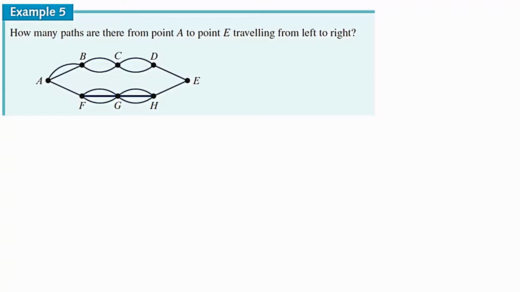Two rows, like 2 times 3. Yep, 6. And 6 plus D to E is 7, and A to F 8, and there are 2 to H. 2 times 3 is 6, and 8 plus 6 is 14, and 14 plus H to E is 15. Whoa. A lot of explanation there.